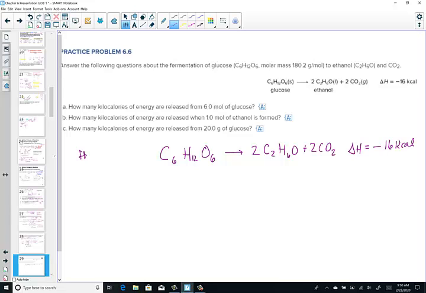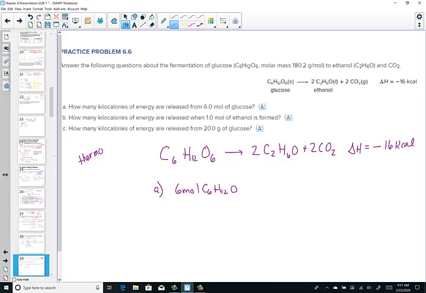So this is our thermochemical equation. That's a balanced chemical equation that includes the delta H information, the heat of reaction. In letter A, we'd like to know kilocalories, starting with 6 moles of glucose. So your given quantity is already in the mole, very nice.